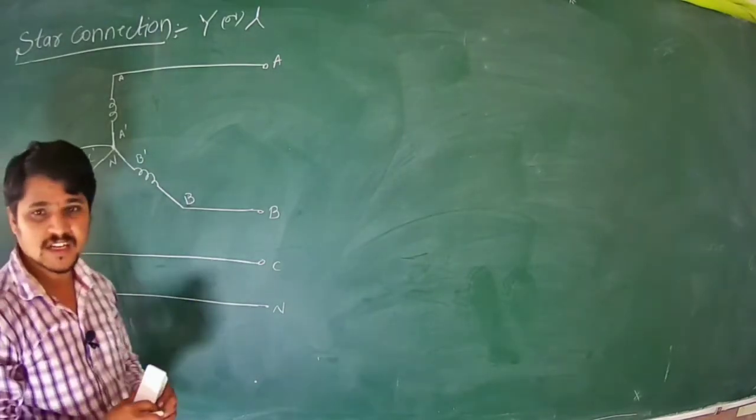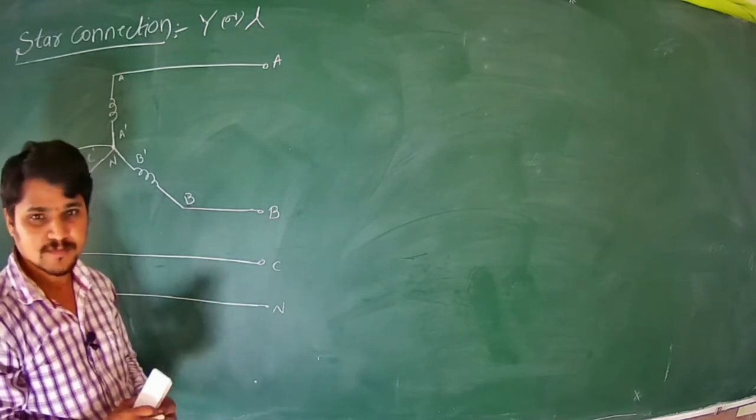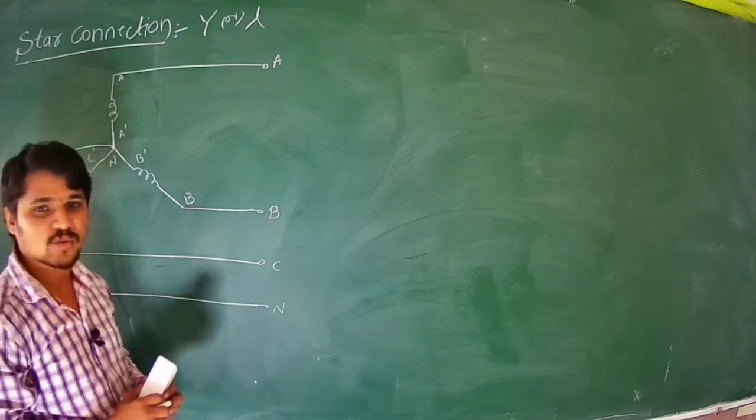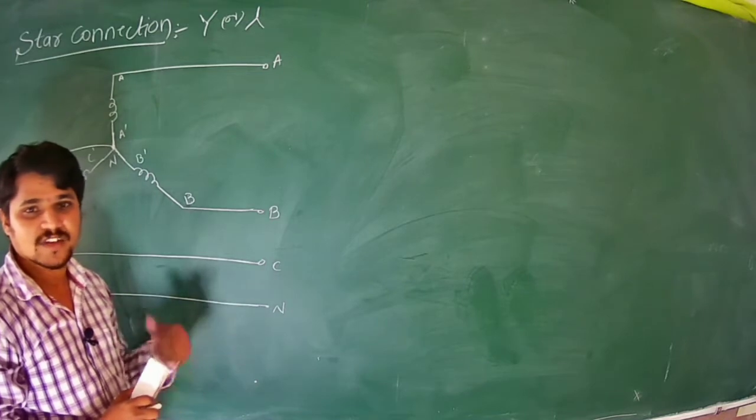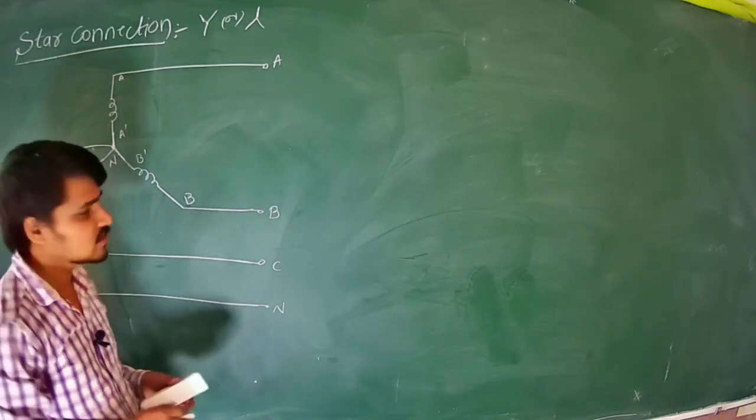Now in this lecture, let us derive the voltage versus current relationship in a star connection: line voltage, phase voltage, and phase currents and line currents relation.